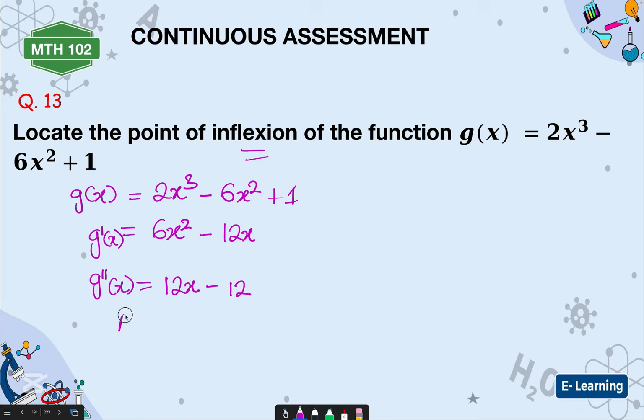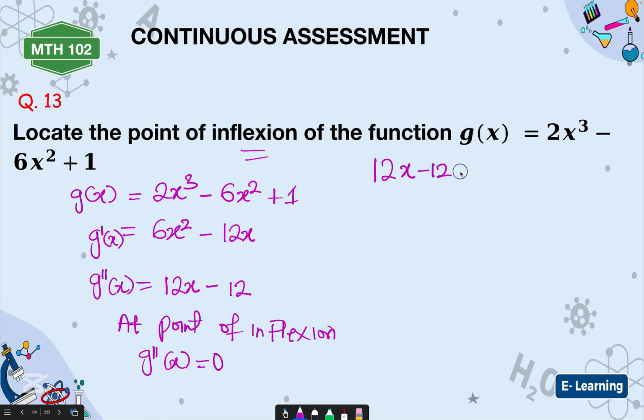So at point of inflection, my dear student, our g prime prime of x should give us 0. So here will give us 12x minus 12 is equals to 0. And then 12x is equals to 12. Divide both sides by 12.